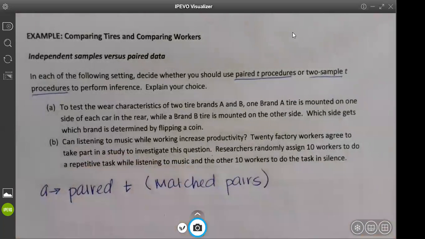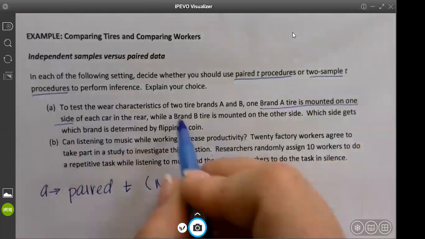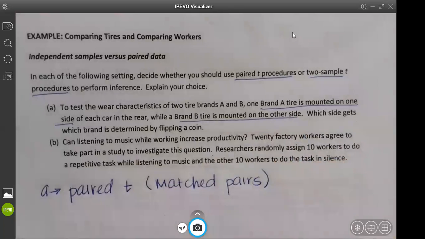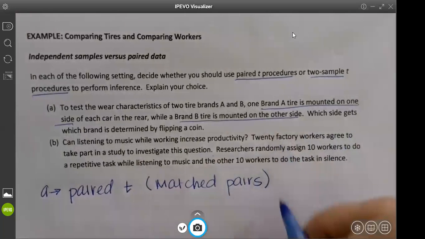And why is it like that? Because A was mounted to one side and B was mounted to the other side. So they're on the same car. And then determining which side is flipped by a coin. So the car gets both A and B, but it just depends on what side. So they get 2 treatments.